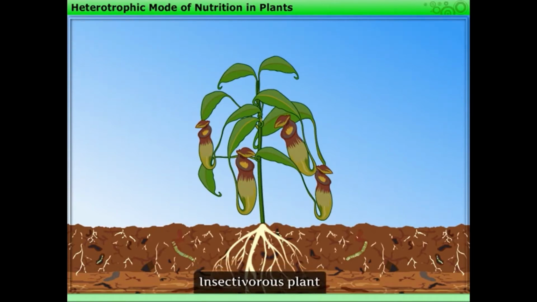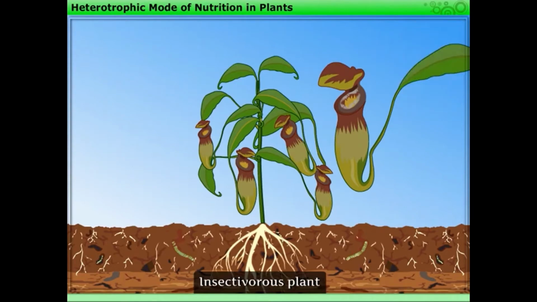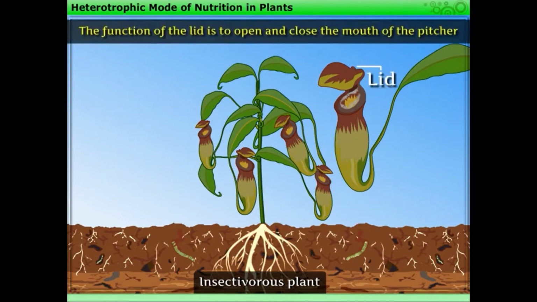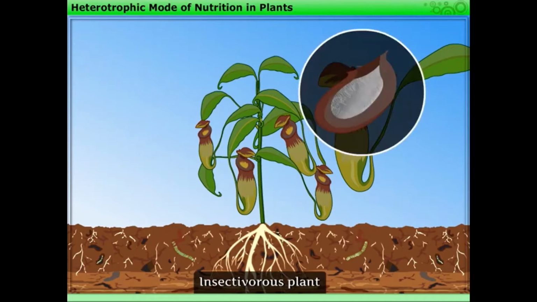The leaf of this plant is modified in the shape of a pitcher. The apex of the leaf forms the lid. So that is considered as a lid. The function of the leaf is to open and close the mouth of the pitcher. Inside the pitcher, there are hairs that are directed downwards.